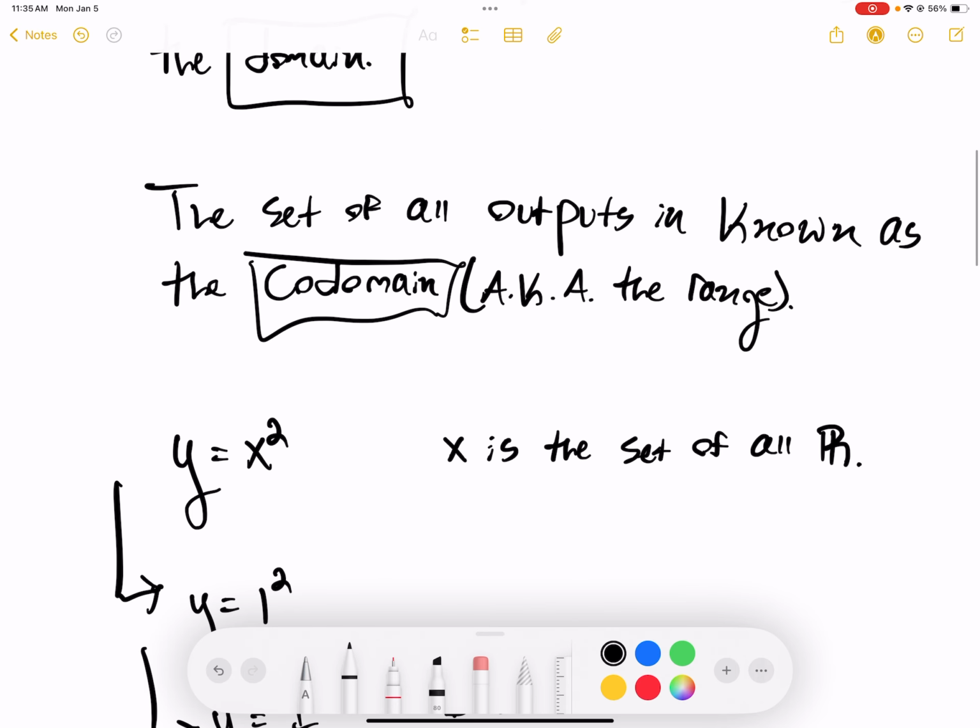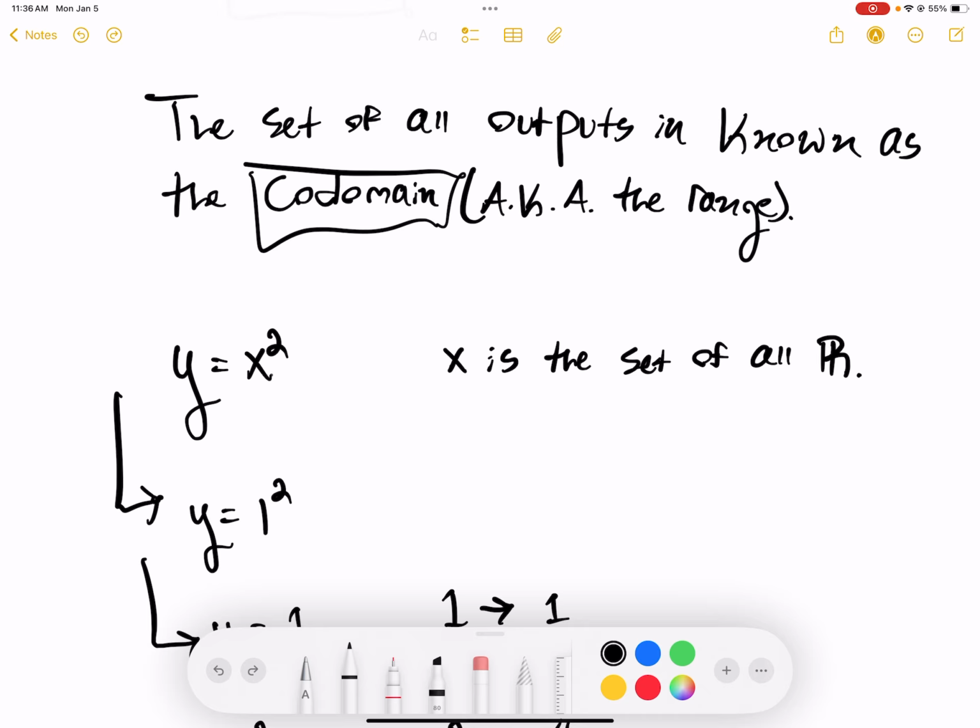The codomain, or the range, as many people refer to it, the codomain is the set of all outputs. So if I look at this function here, it'll never have a negative number because we're squaring whatever our input is. If our input is -3, then -3 squared is +9. If our input is -100, then -100 squared is +10,000.